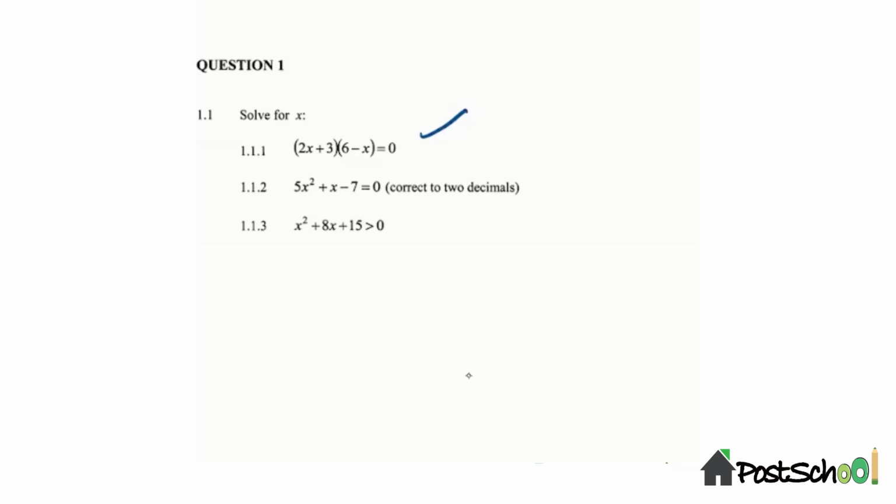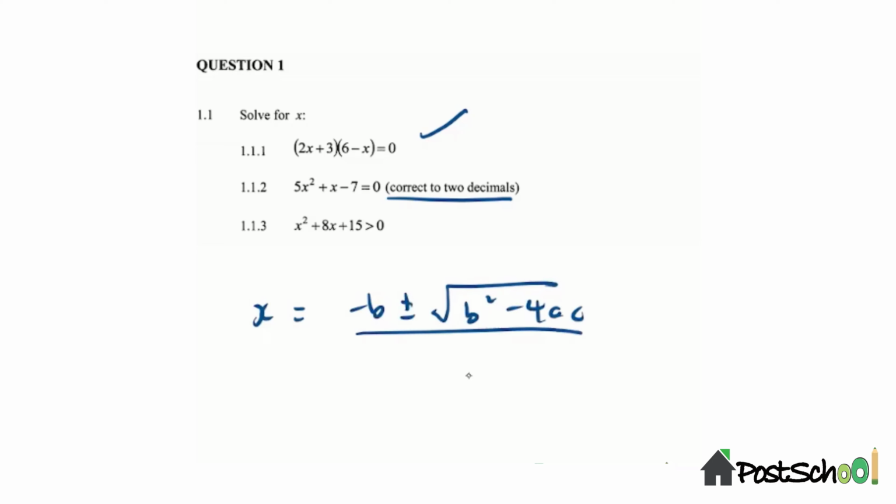Now, for the second one, you must always note that whenever you are told to correct to 2 decimal places, you have to use the quadratic formula. You mustn't try to factorize when it's written correct to 2 decimal places. So you say x equals negative b plus or minus the square root of b squared minus 4ac, over 2a.